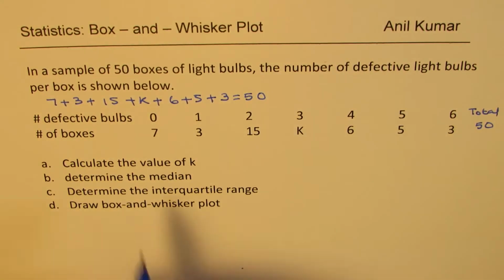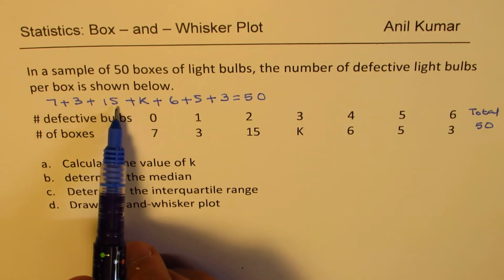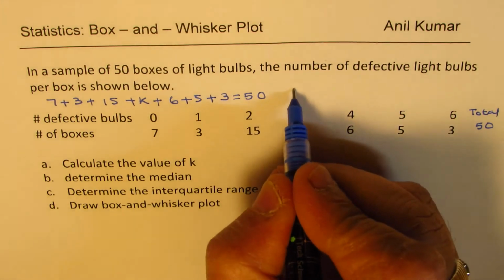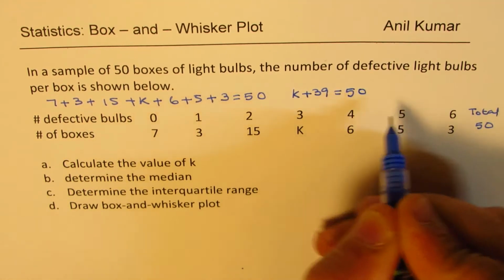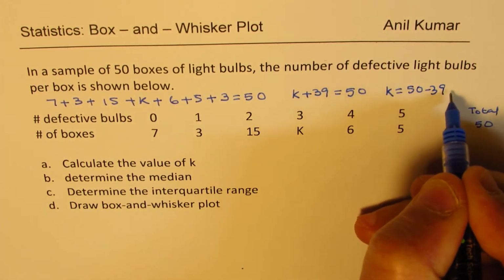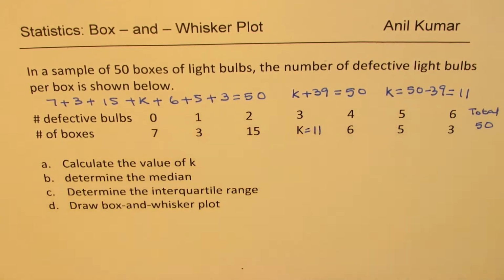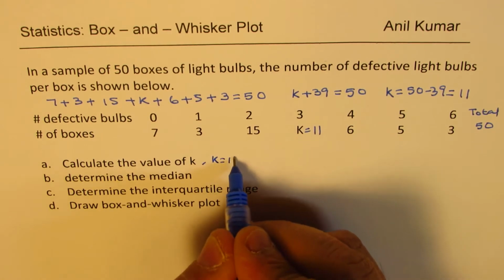Correct? So that gives you 10, 25, 30, 39. So K plus 39 equals 50, or we can say K equals 50 minus 39, and that gives you the value of 11. So we get K equals 11. So that's our first answer.